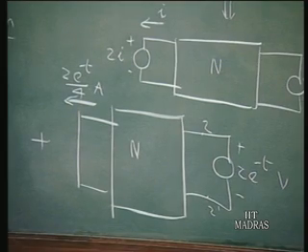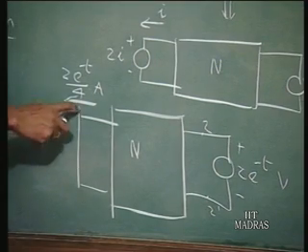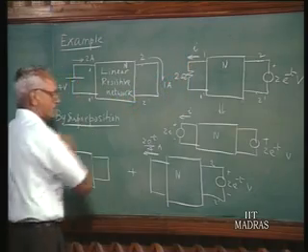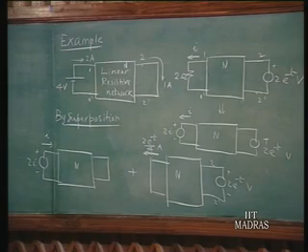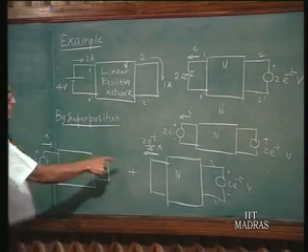The current due to this source is I. The sum of these two currents must indeed be the current that we are looking for. So we equate the sum of these two to this.